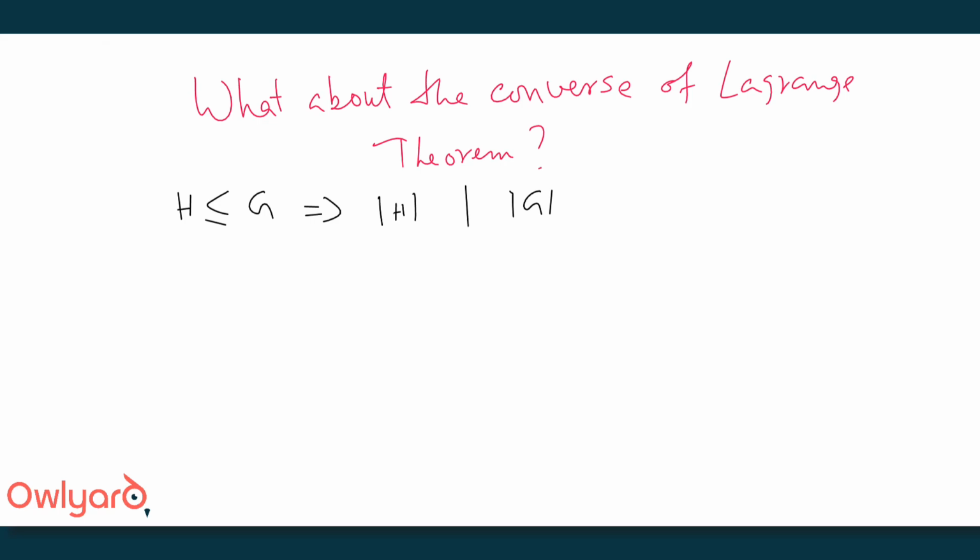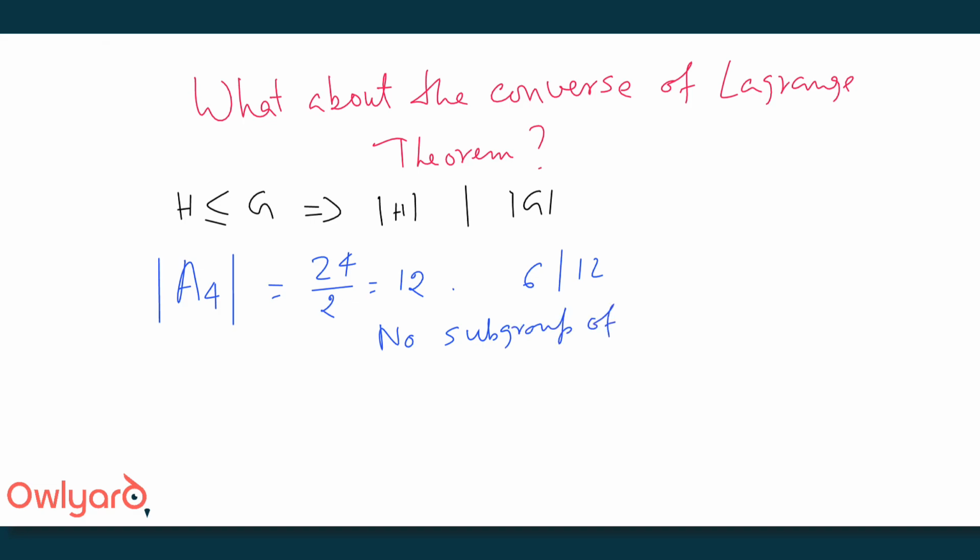So for example, remember the alternating group? Consider the group A4. Now we know that the order of this group is actually 24 divided by 2, which is 12. Now we also know that 6 divides 12, but you won't be able to find any subgroup of order 6 for A4.